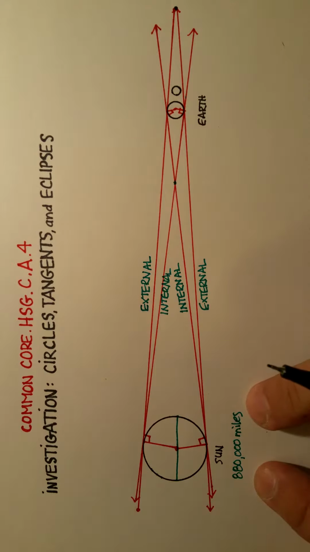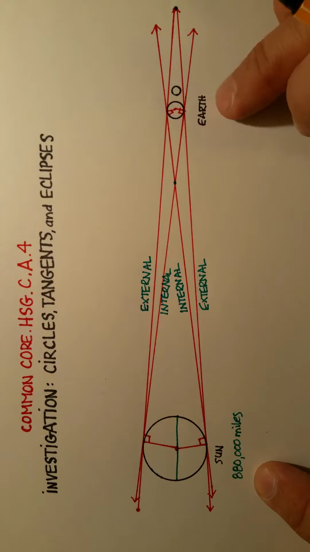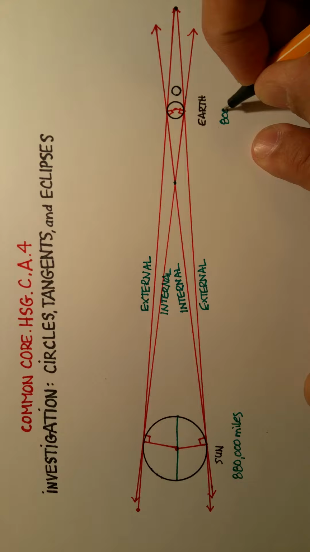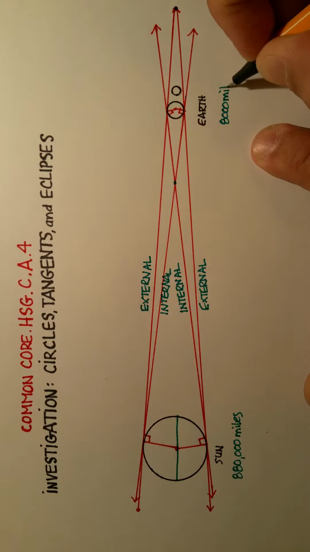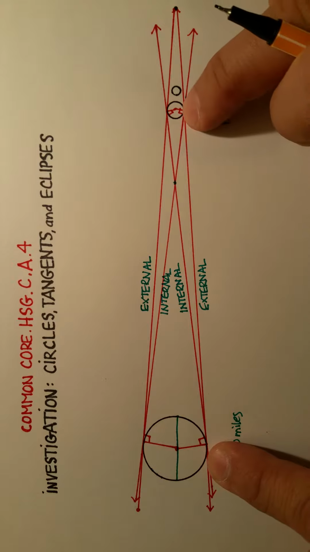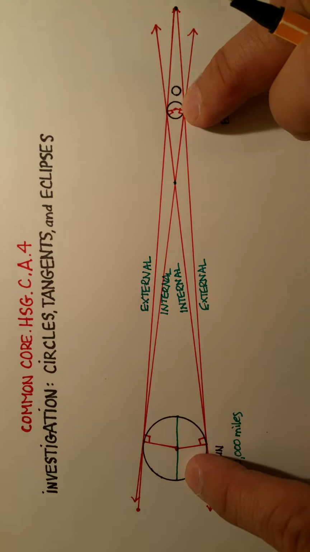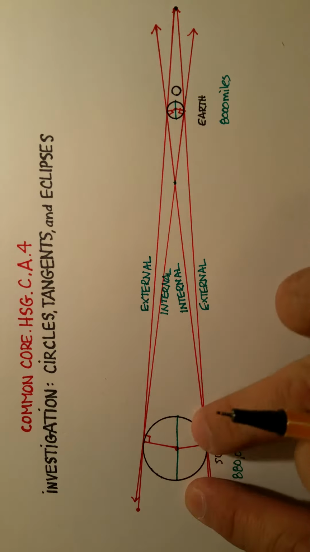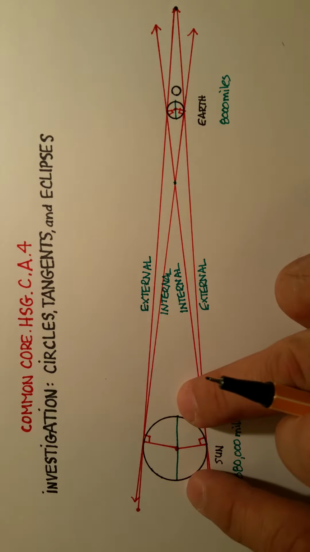Now, that's pretty big, okay? The diameter of the Earth, on the other hand, is approximately 8,000 miles. The way they're drawn here, it looks like maybe 4 or 5 of these diameters of the Earth could fit across the diameter of the sun, but that's just not true.